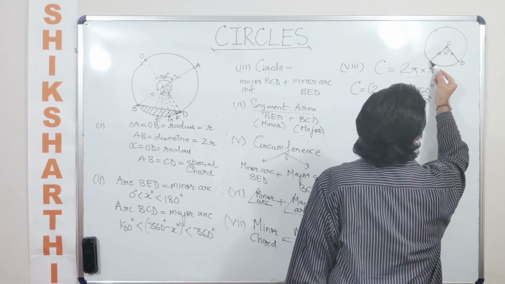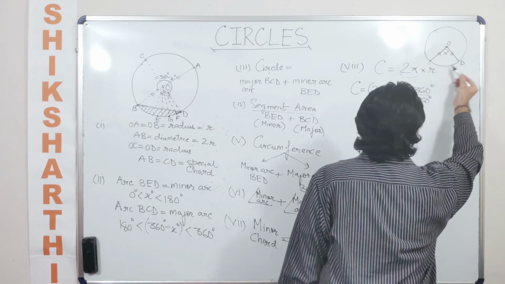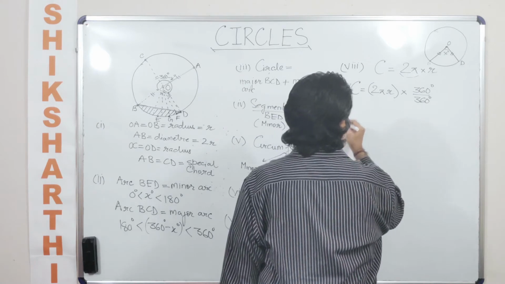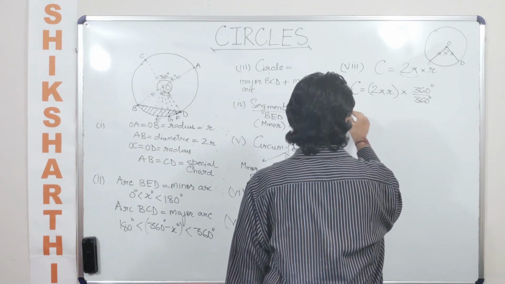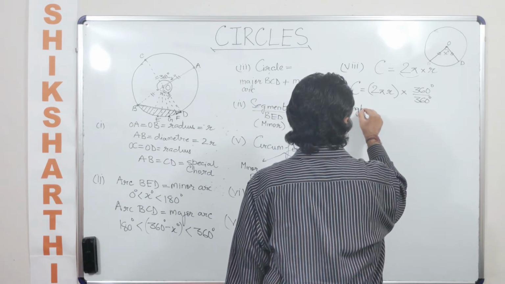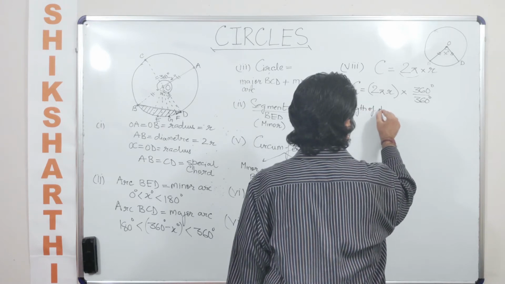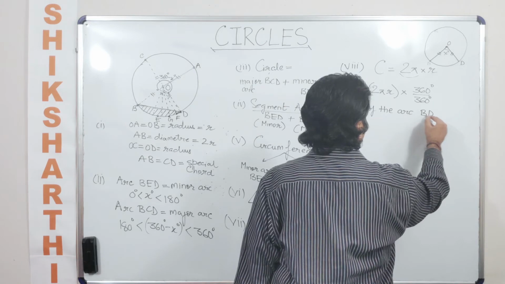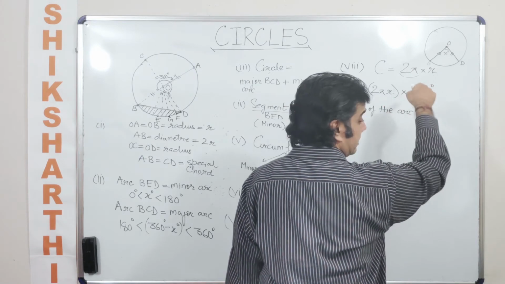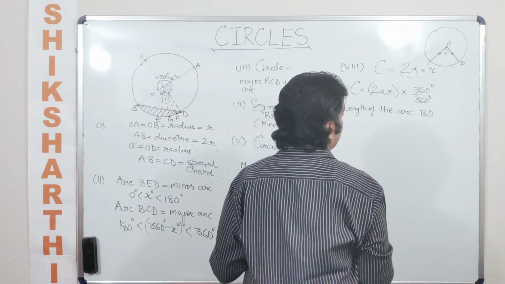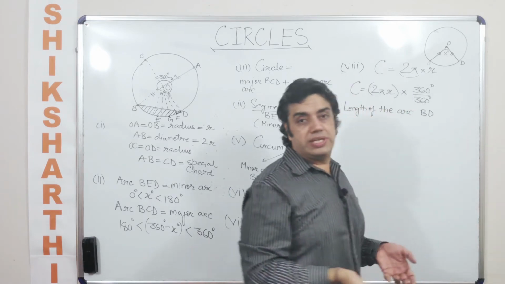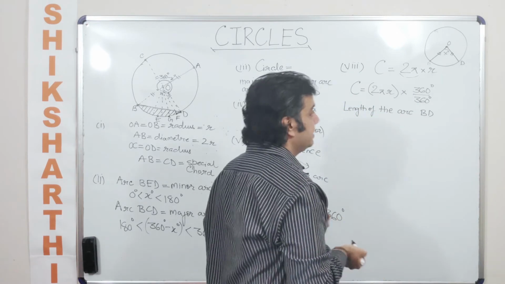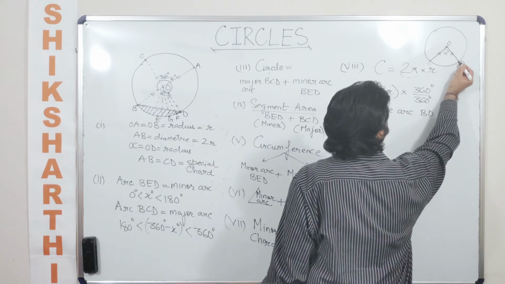Now if I want to calculate the length of this arc BD, the length of the arc BD, here we are talking about the circular length. As we talked about, what is an arc? An arc is a circular line segment, to be precise.